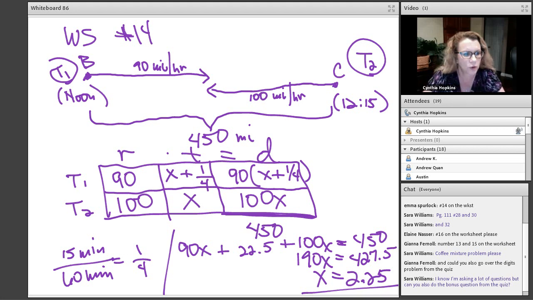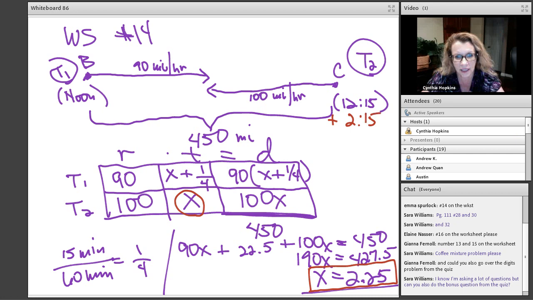Since this 2.25, here, let me box it in red, is my x, and x was how much time it took train 2, I'm going to come over here to my picture at train 2, and I'm going to add 2 hours and 15 minutes to that 12:15 departure time. That gives me 14 hours, 30 minutes. That's like military time. We don't usually use military time, so I'm going to subtract 12, and this makes it 2:30 p.m.